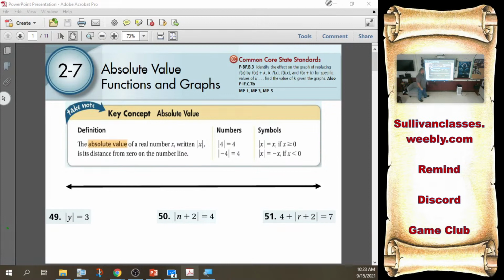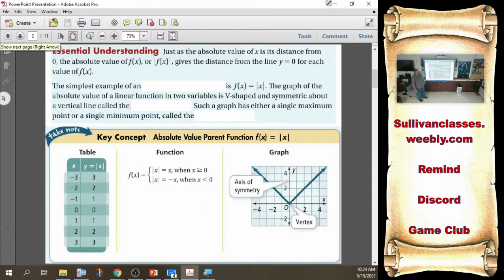So, absolute value is just distance from 0. So if I'm going to graph that, I have to remember that what happens in positive land and negative land is going to come out the same because they're both the same distance from 0.